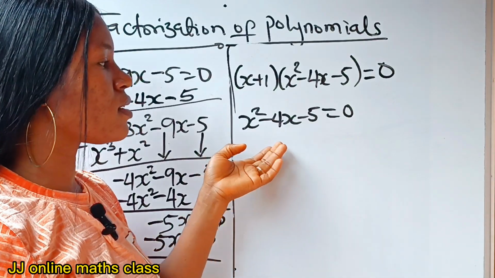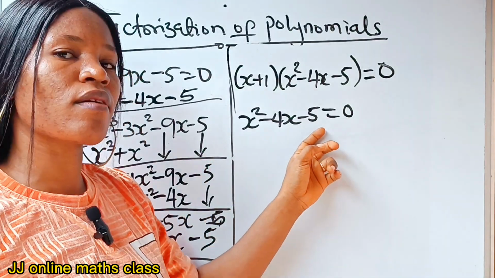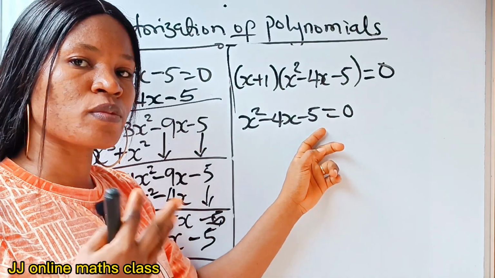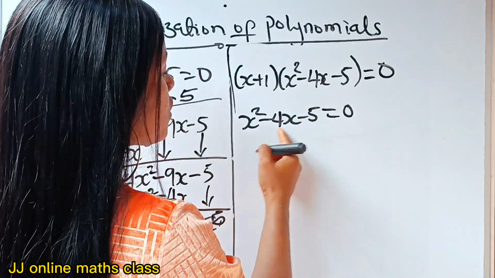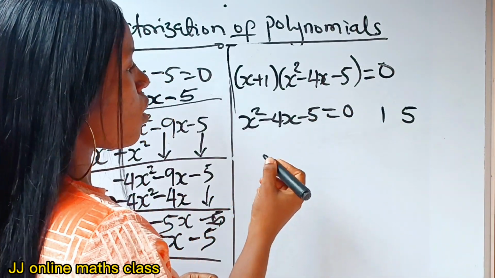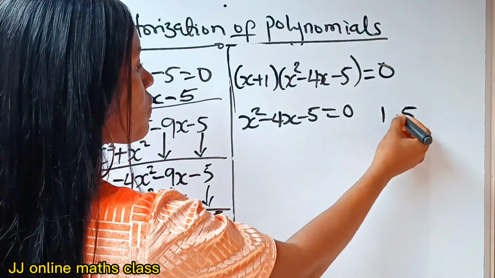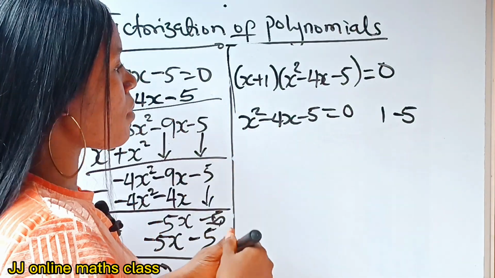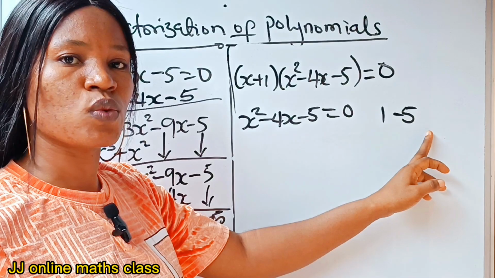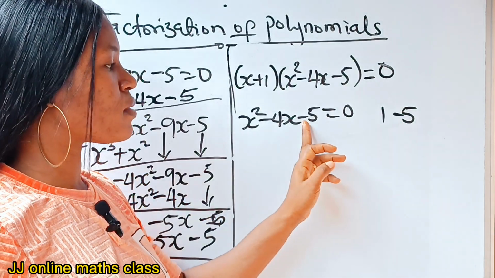So to factorize this, we need two factors of minus 5 that when we add or subtract them, we get minus 4x, right? So by looking at this 4, I know that 1 and 5 can go. Because I know that if I say 1 minus 5, I will get minus 4. So that means that 1 and minus 5 is what we need. 1 times minus 5 is minus 5.